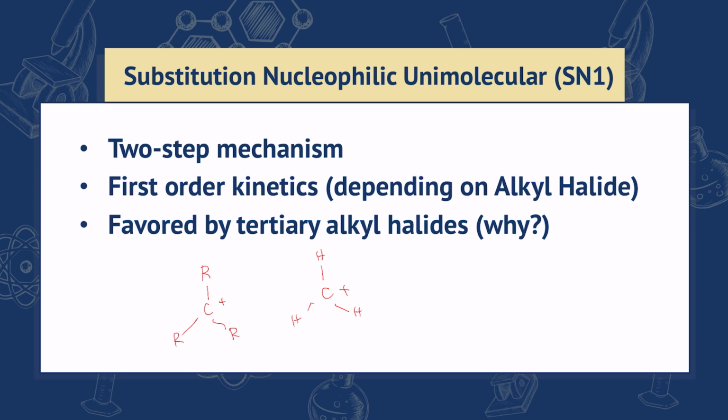So in this case, the tertiary alkyl halide is more stable because these have more electrons, so it's able to relatively provide more electrons to the central carbon to stabilize this charge compared to if only hydrogen was connected to the carbon. So because it's more stable, it's more likely to retain, and that's why SN1 reactions prefer tertiary alkyl halides.